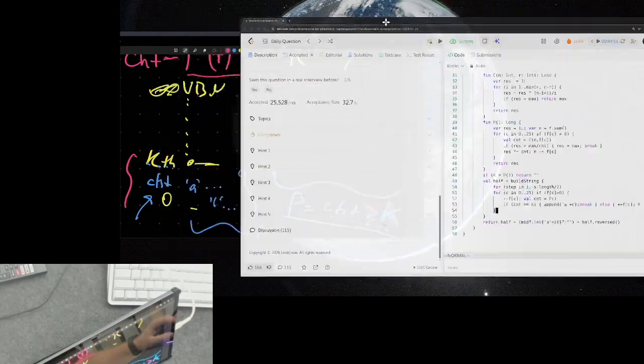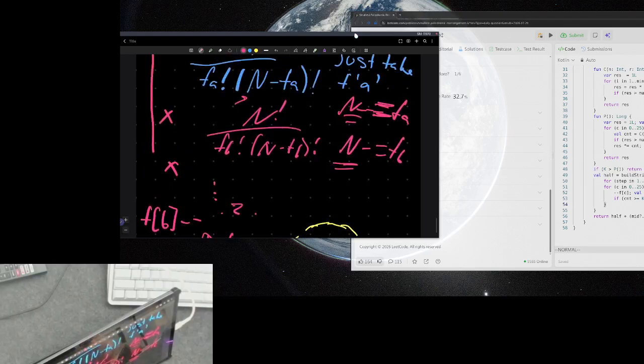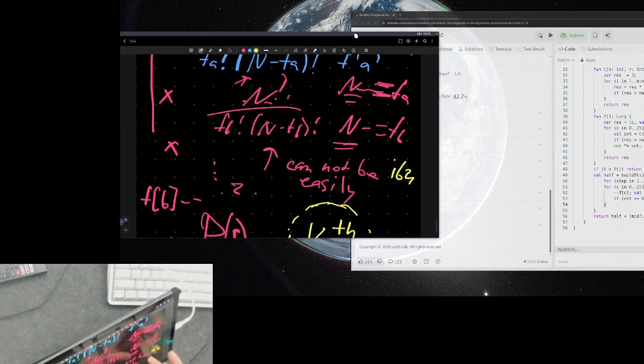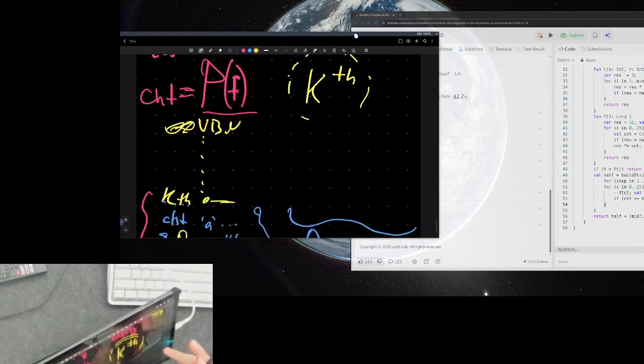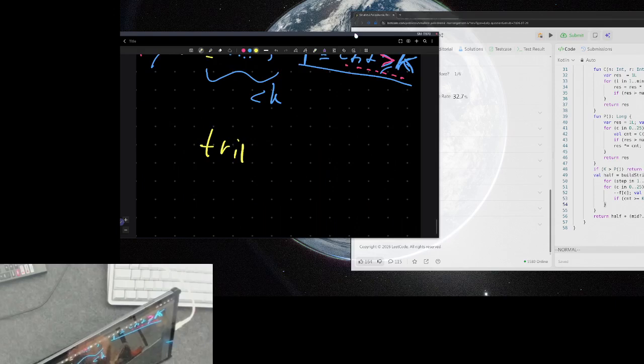And the number of permutations. So I explained this formula. This cannot be easily computed, because this n factorial is too big even for long numbers or int64. You have to do a trick, and the trick is the maximum.